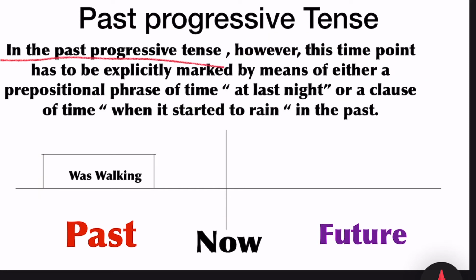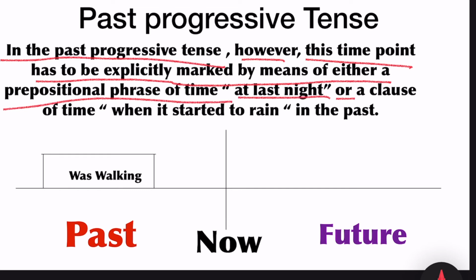In the past progressive tense, however, this time point has to be explicitly marked by means of either a prepositional phrase of time, like last night, or a clause of time, like when it started to rain in the past. There are some phrases to indicate that this action happened in the past.